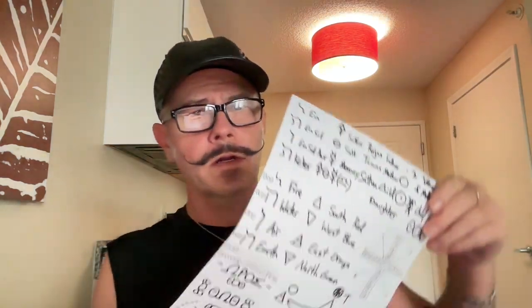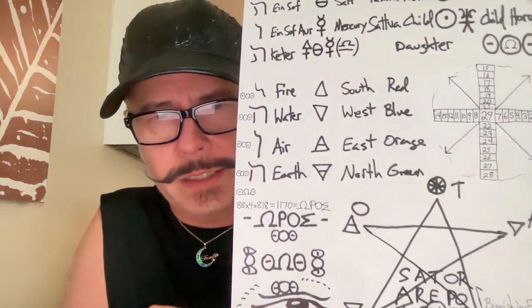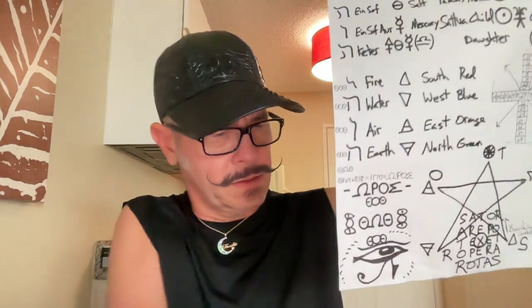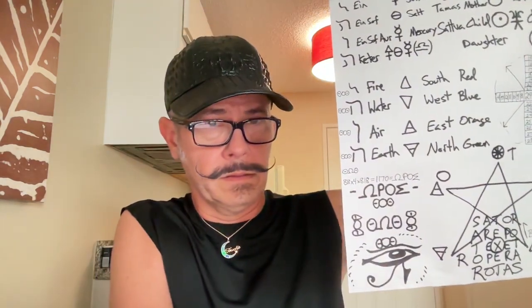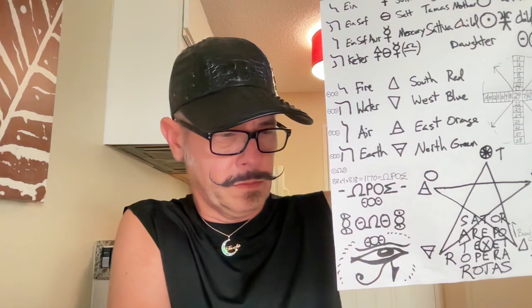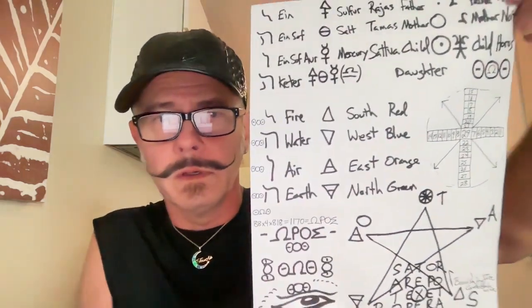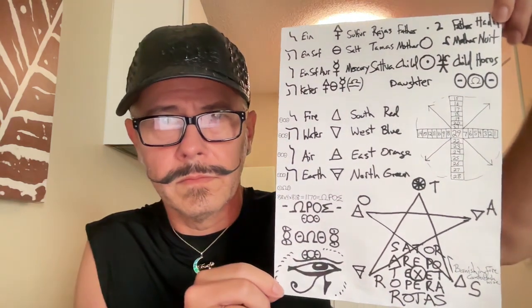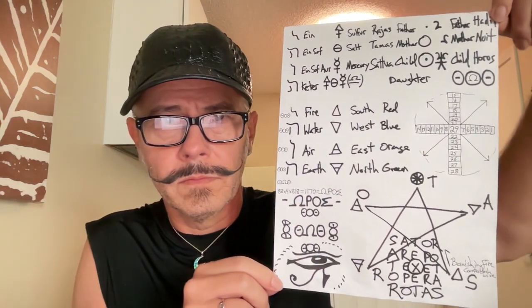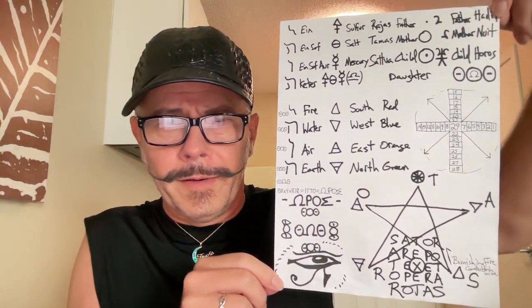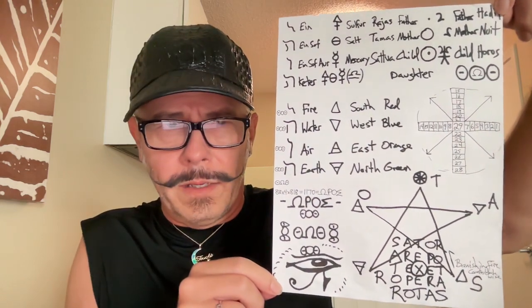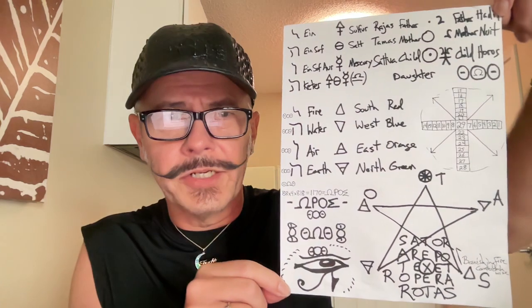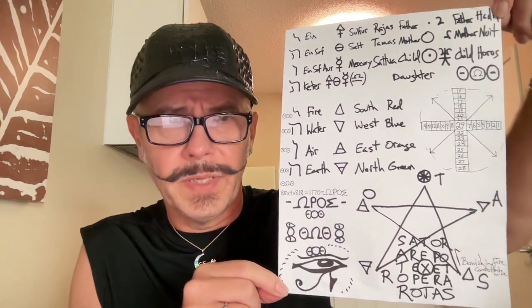Okay, and then the third diagram. Here is kind of my meta diagram on, believe it or not, the correlations of the pentagram.